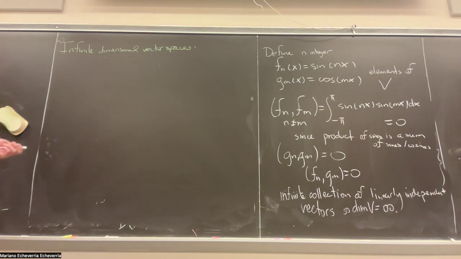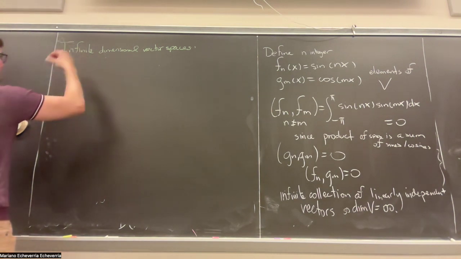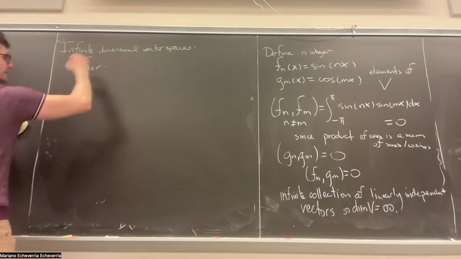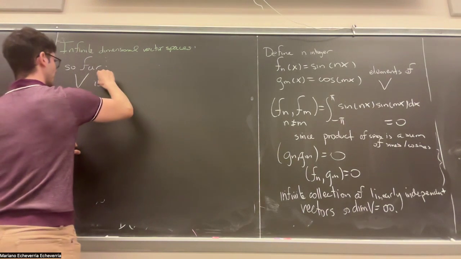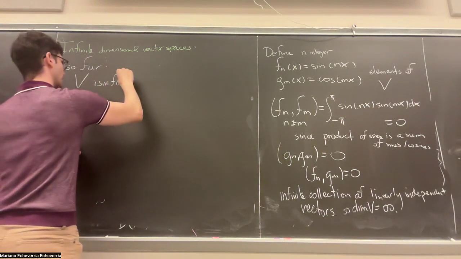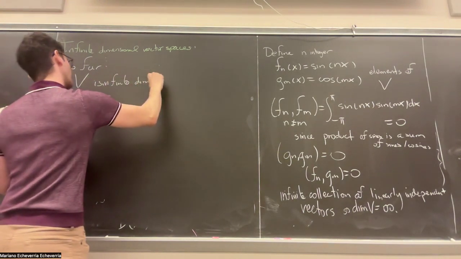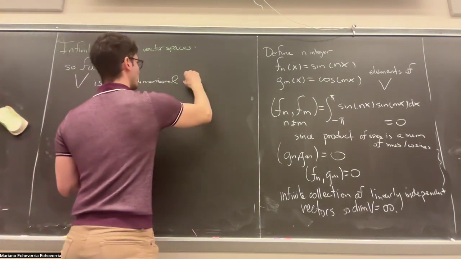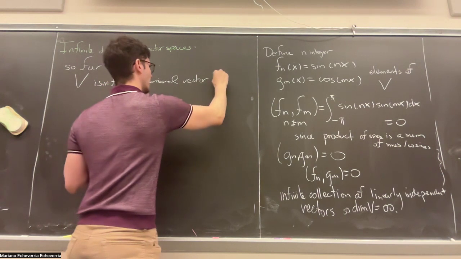So this is really good. There's only one technical issue with this vector space. What we have found so far is that V is infinite dimensional, a vector space with an inner product.